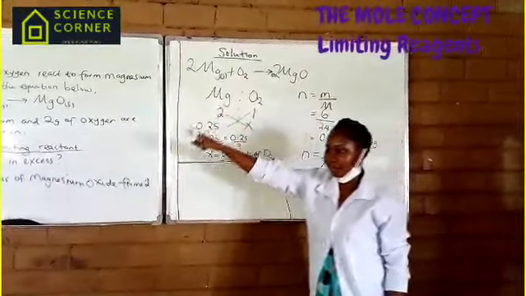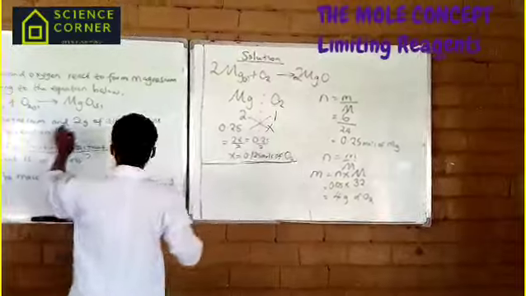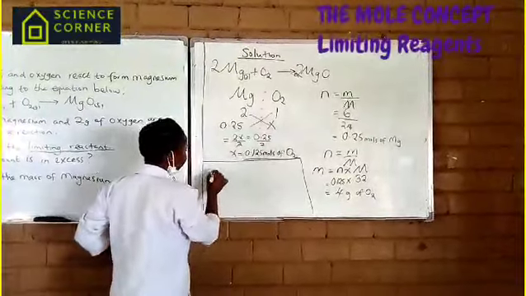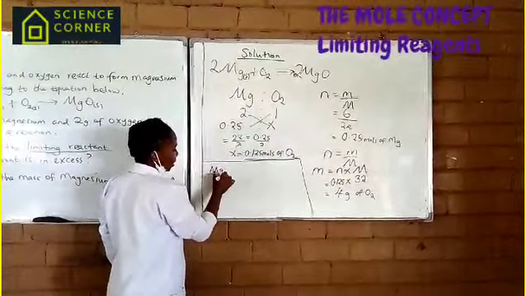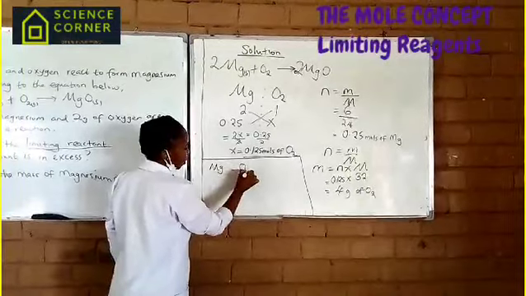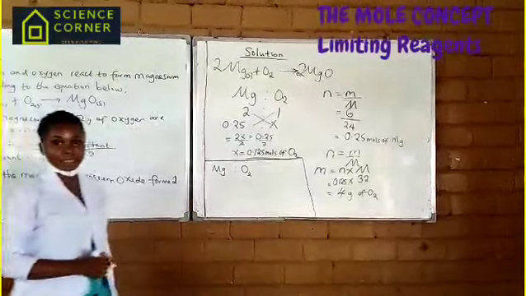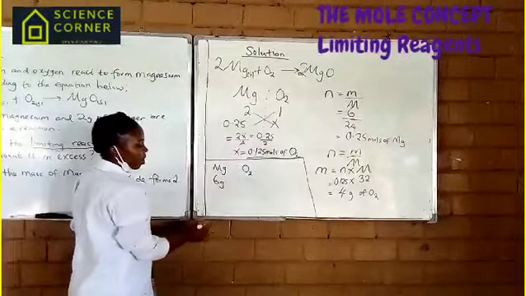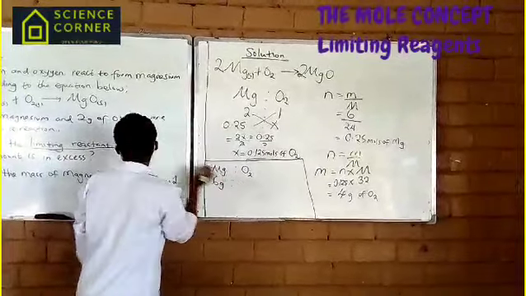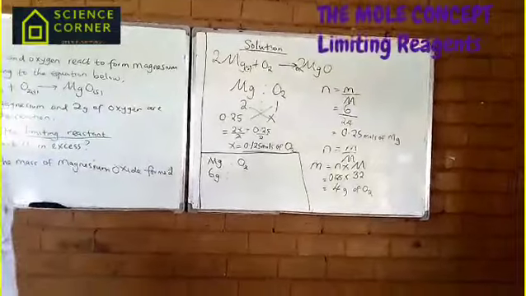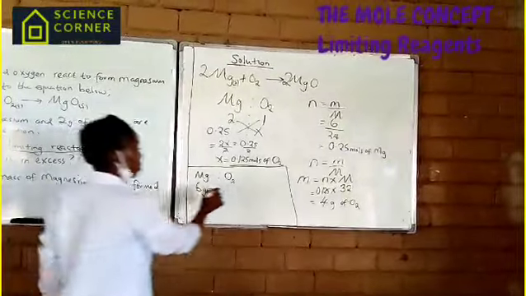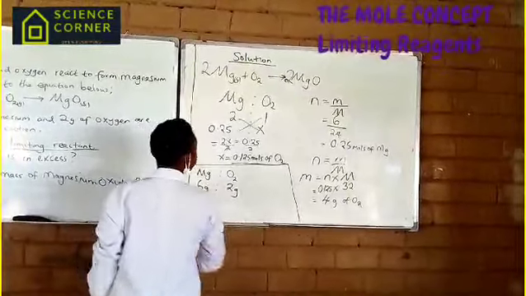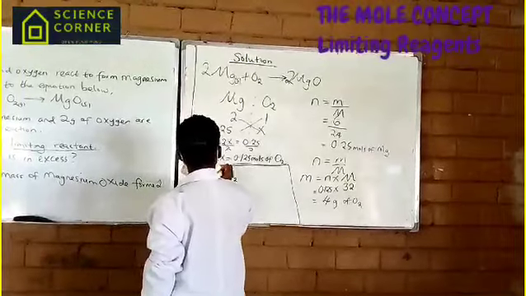Is that clear? Okay, so according to our reaction, magnesium was reacting with oxygen, isn't it? Okay, and 6 grams of magnesium was provided to react with how many grams of oxygen? 2 grams of oxygen. So this is what was provided.